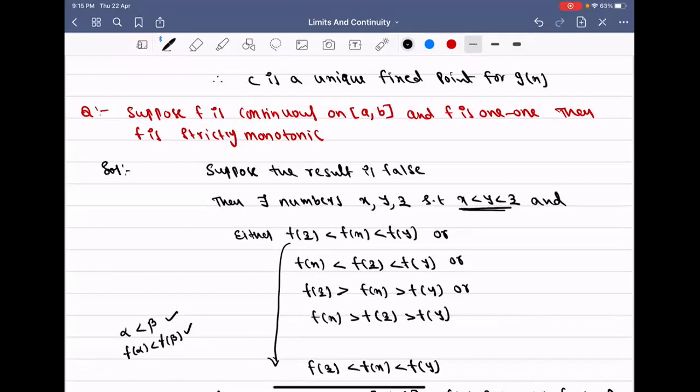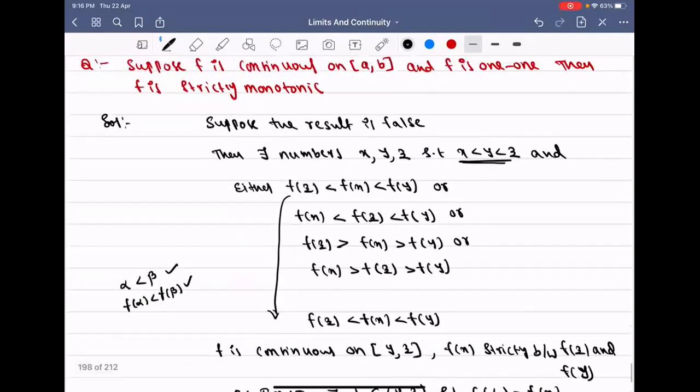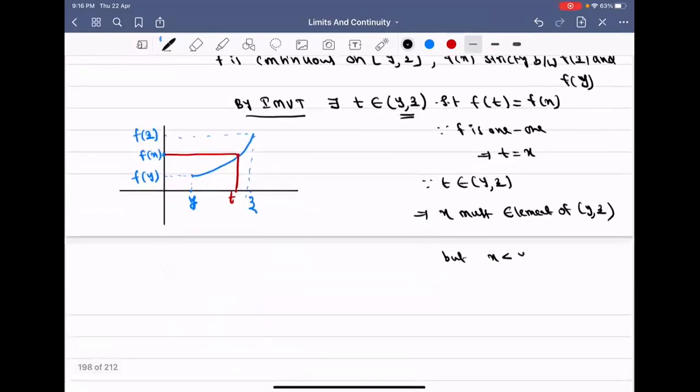That's why we got the contradiction. Our assumption is wrong. But x is less than y is less than z. Therefore, contradiction. It's a very good example of proof by contradiction.